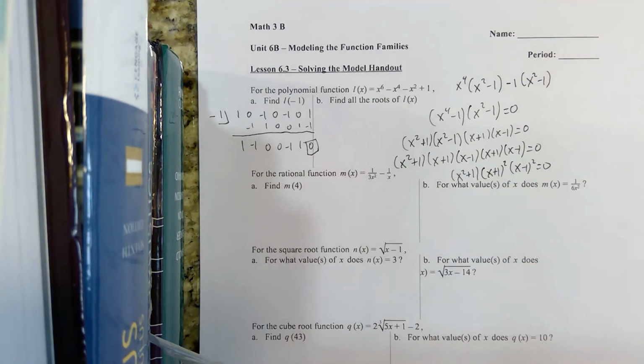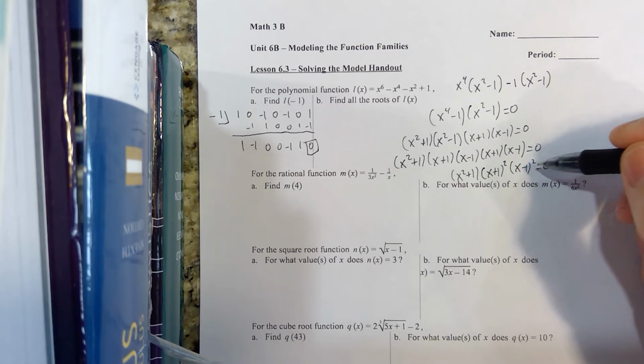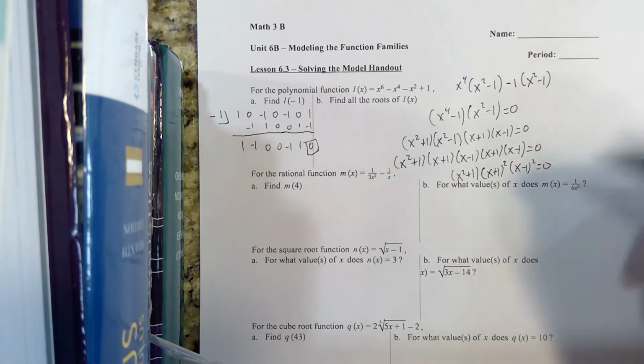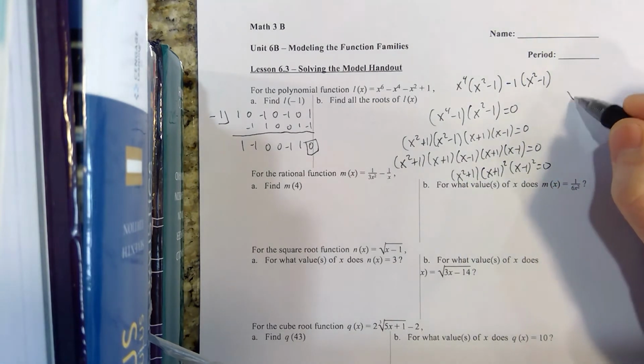Okay, so you can see my roots are -1 with the multiplicity of 2, +1 with the multiplicity of 2, and then I have 2 complex conjugate roots, which we may as well find those, right?